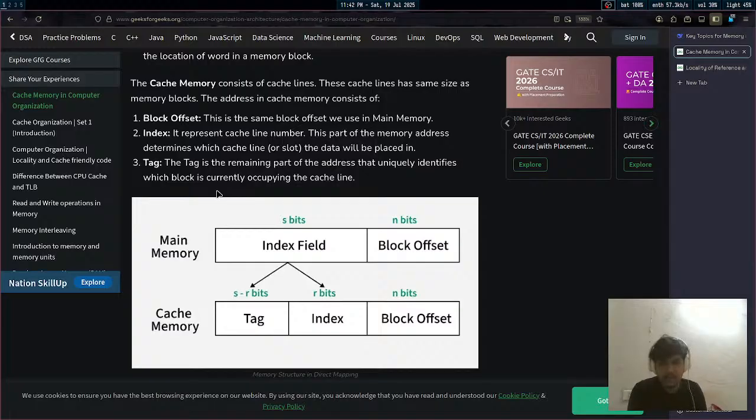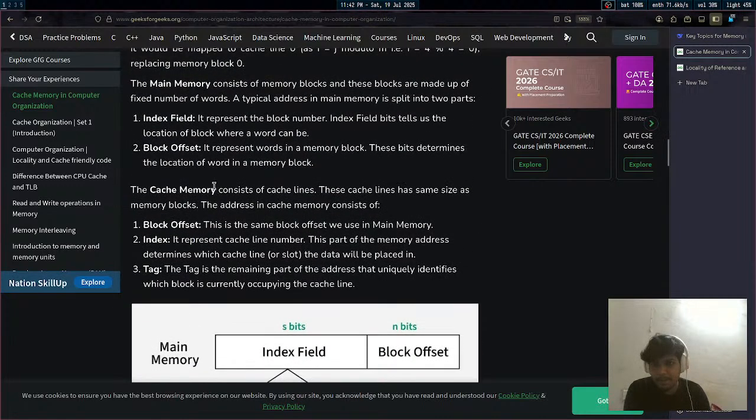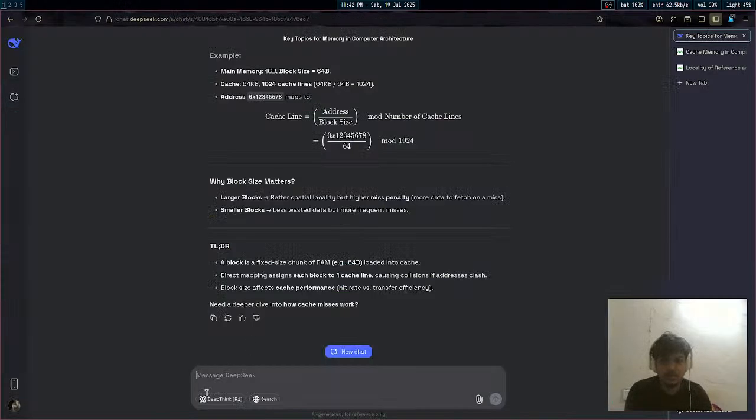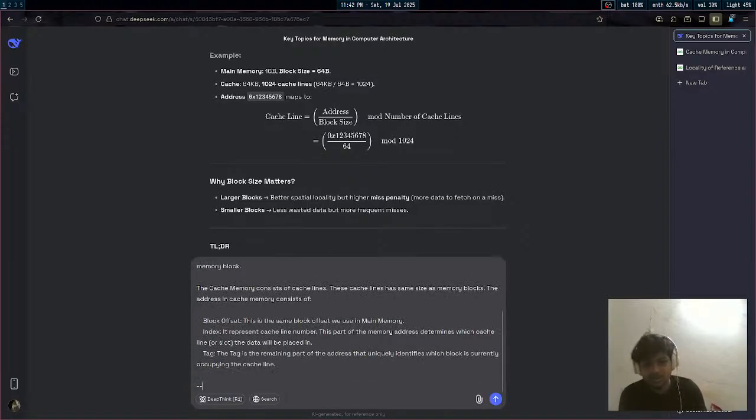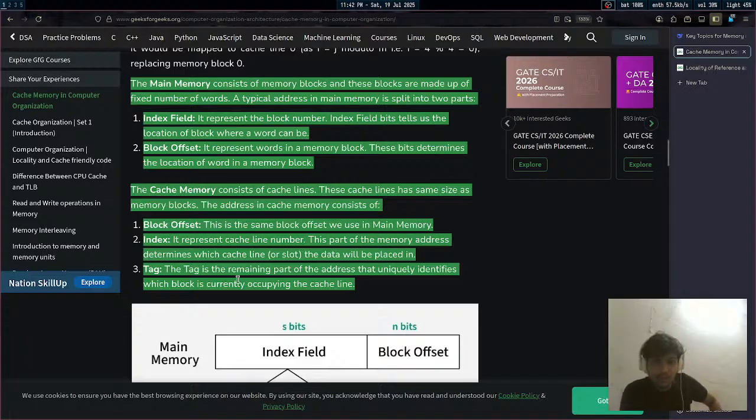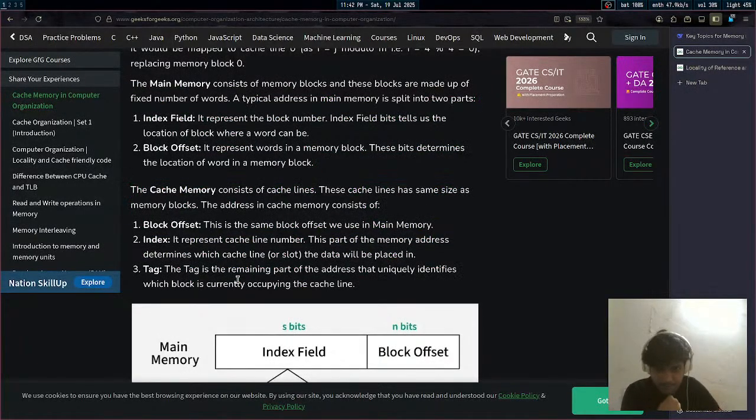Index field has s minus r bits. This is not clear to me, right? I will copy this, and let me just verify what is not clear to me.